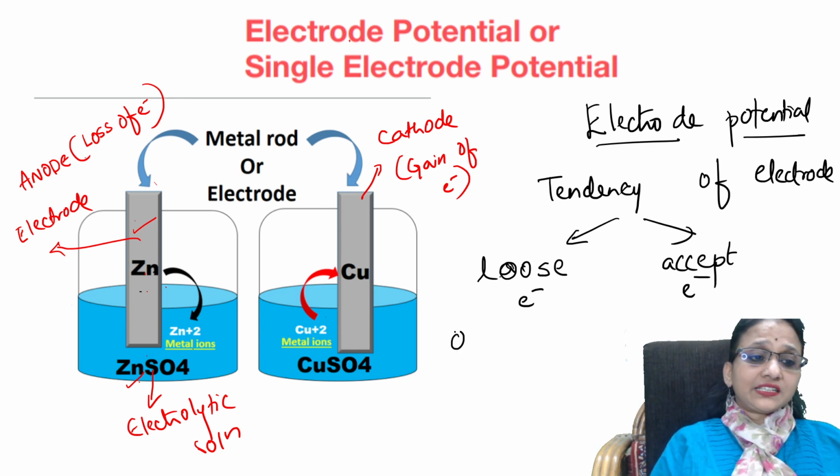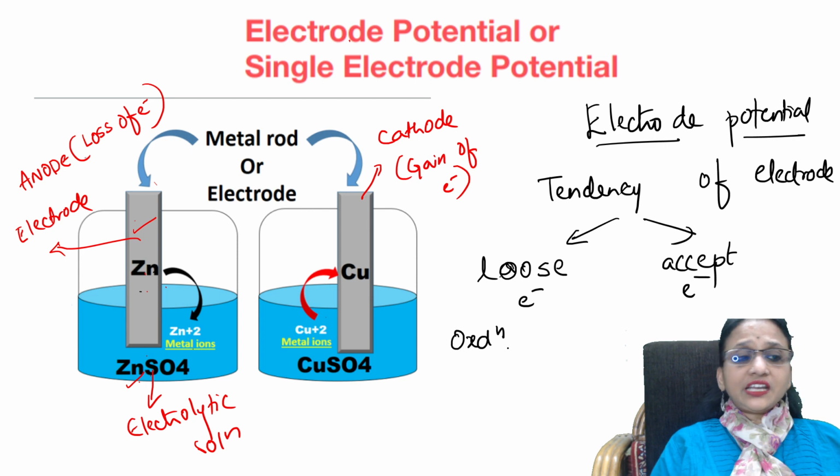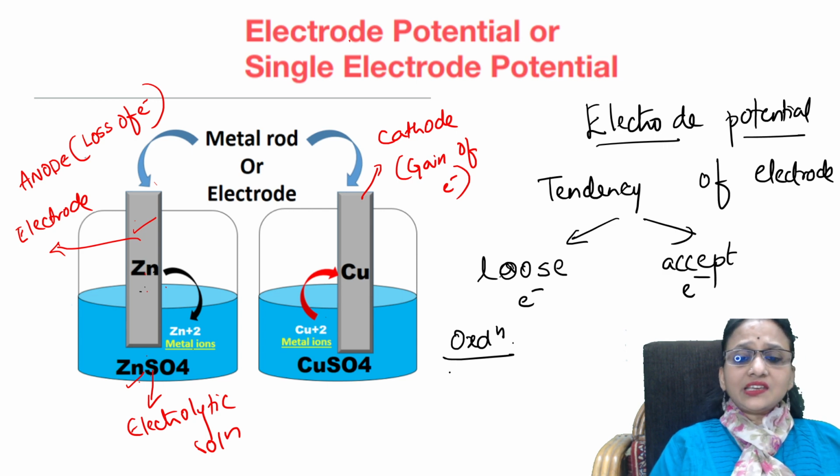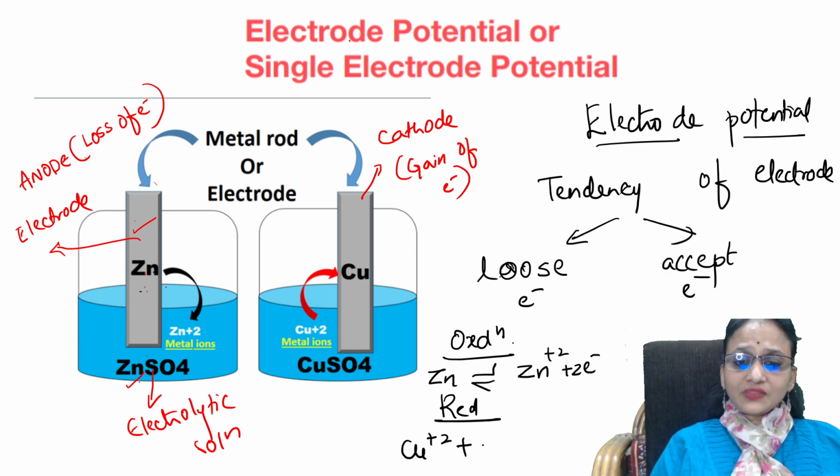For example, if I take the oxidation electrode potential, what is happening here, students? Zinc is losing 2 electrons and forming Zn2+. Now at the same time, if I take reduction, copper ions take those 2 electrons and become solid copper metal.